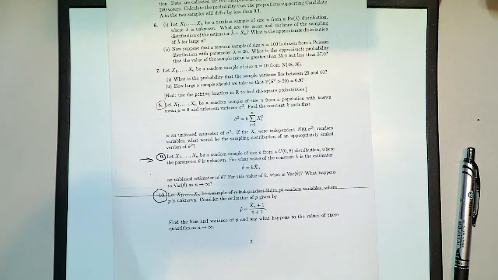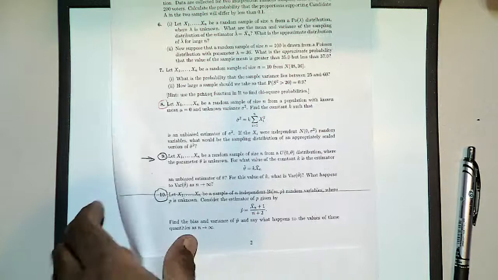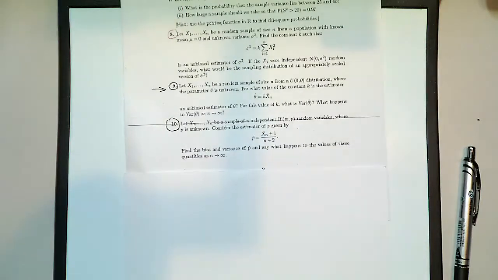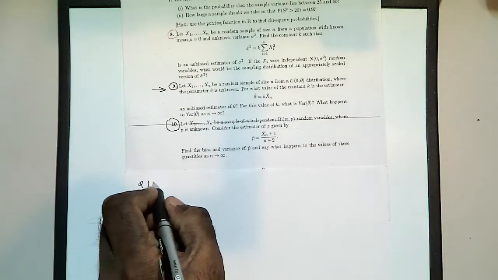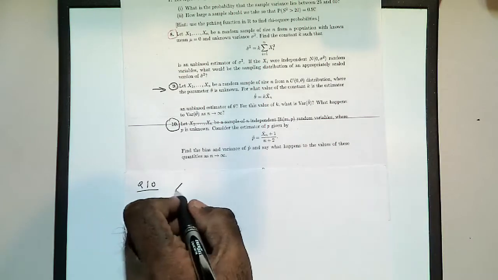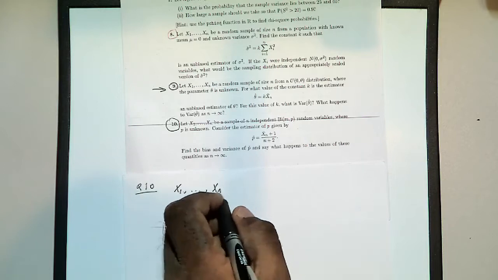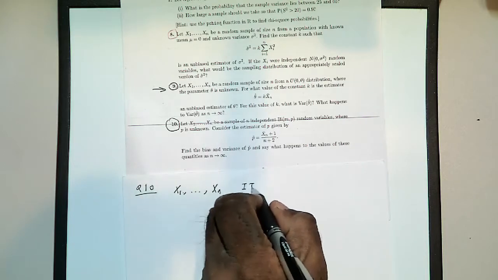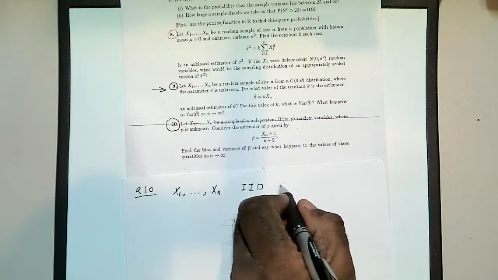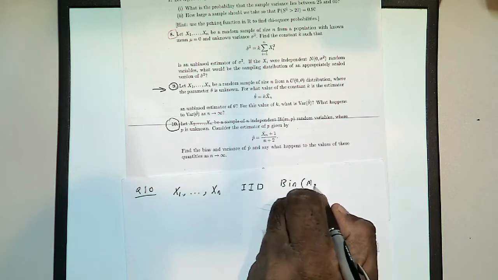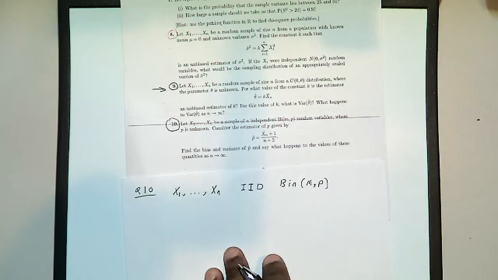You have to be a little careful. We have a random sample from a binomial, we have X1 to Xn, with m.